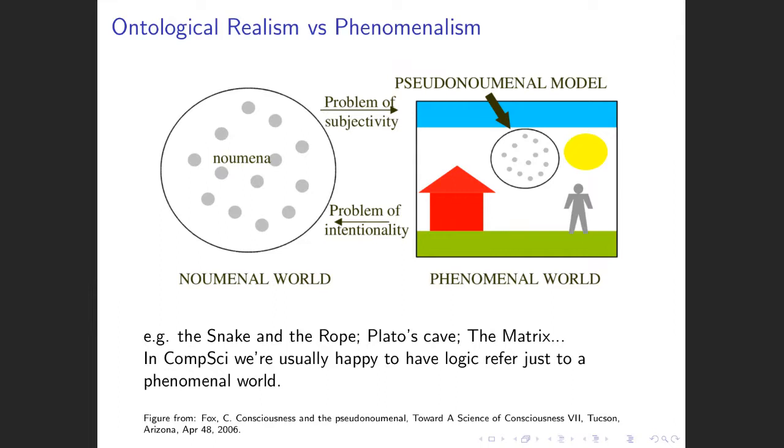So when you read ontology by philosophers, there's this duality. Sometimes they're talking about this world and sometimes they're talking about this world. Okay, there are philosophers who think that the actual noumenal world has a certain structure, that can be expressed, for example, in first order logic.